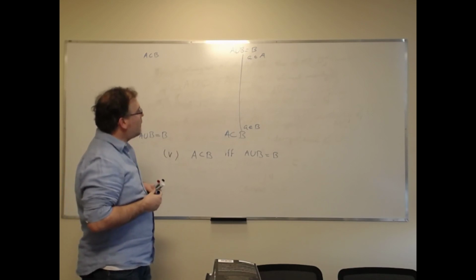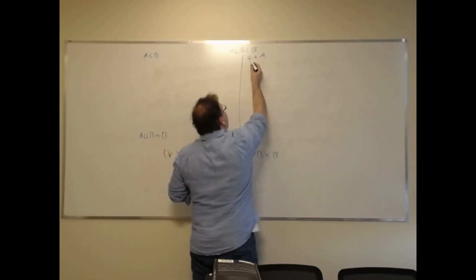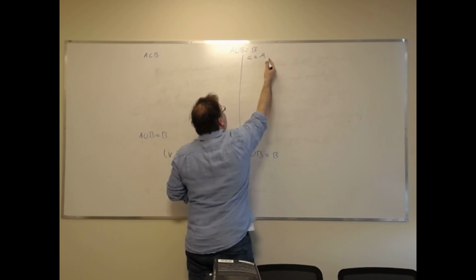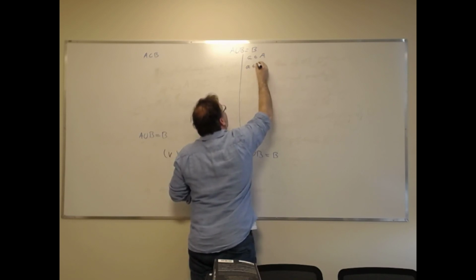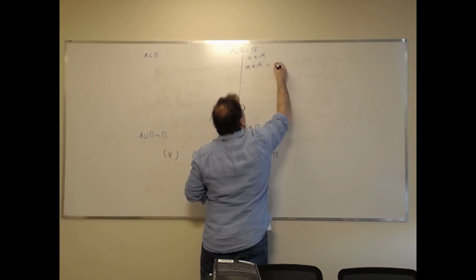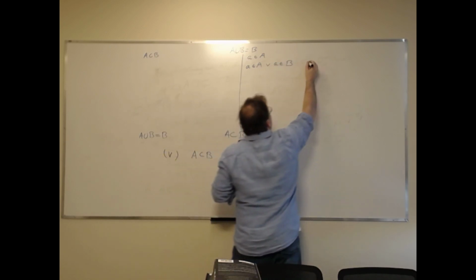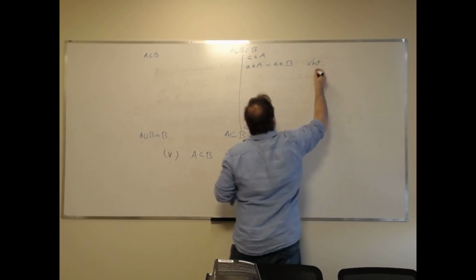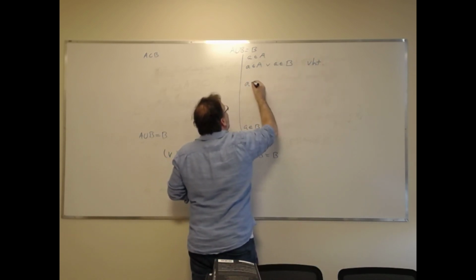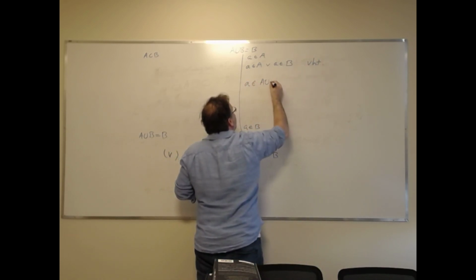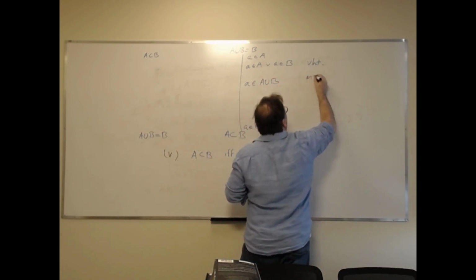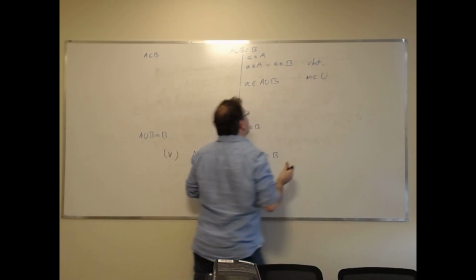Okay? Now, from the fact that the object is in the set A, it follows that either it's in A or it's in B. Now that's disjunction introduction. That's simple, right? It follows that it's in A union B by the membership condition of unions.